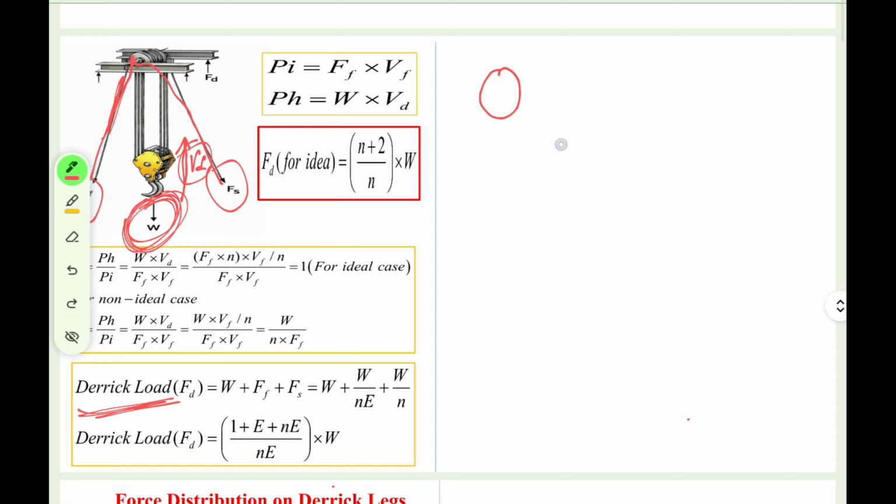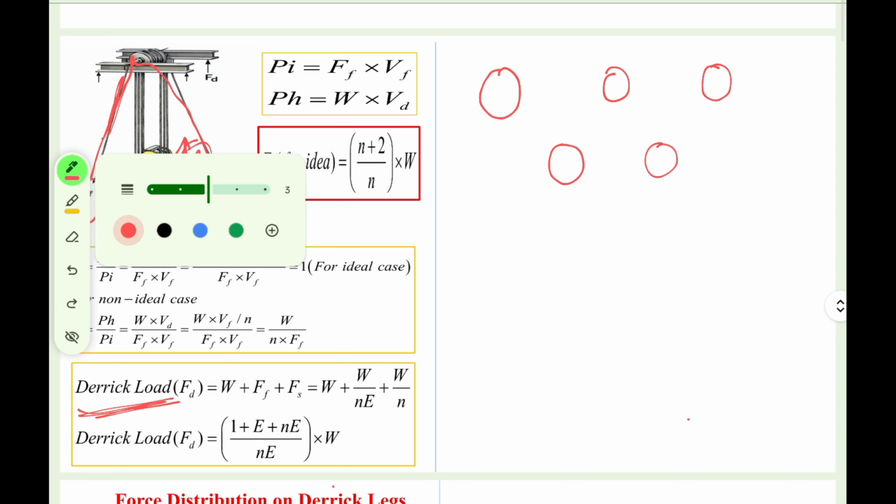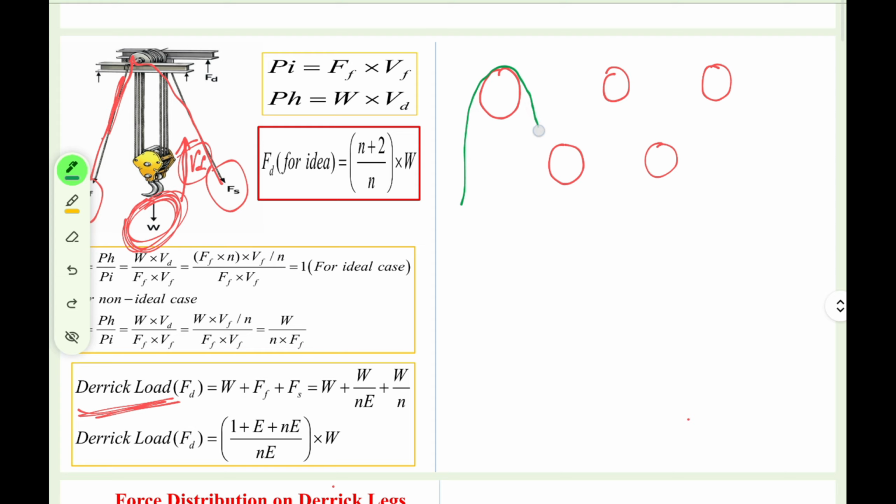One block is there, another block is there, and another block, and another block, right? What we want to know is this rope is going in this way, and this is going in this way, this is going in this way, and this is going in this way, right? I am not good at this, and this is your traveling block, right?